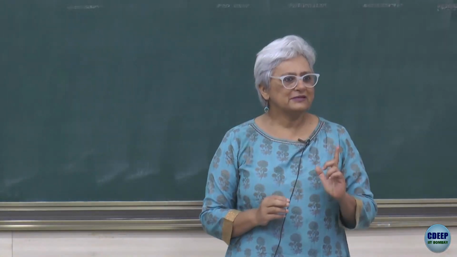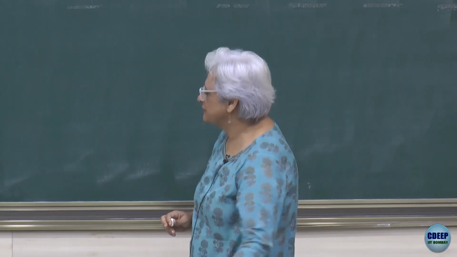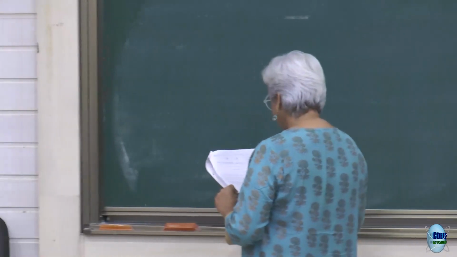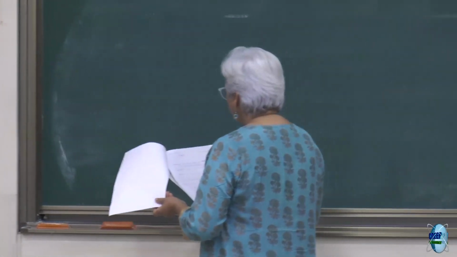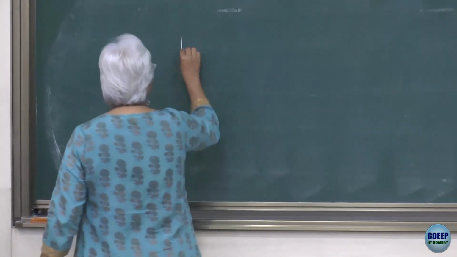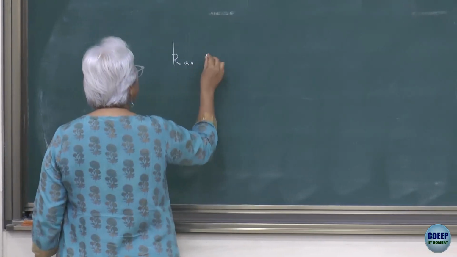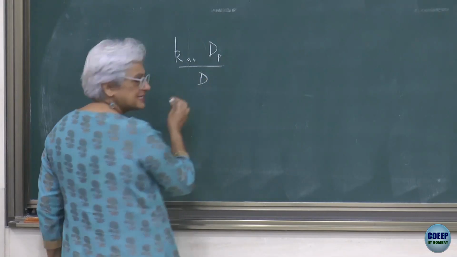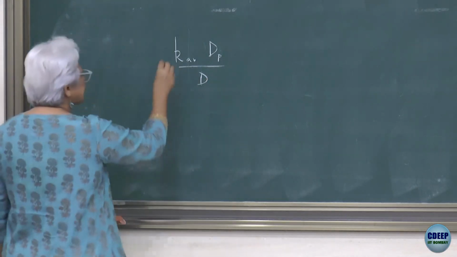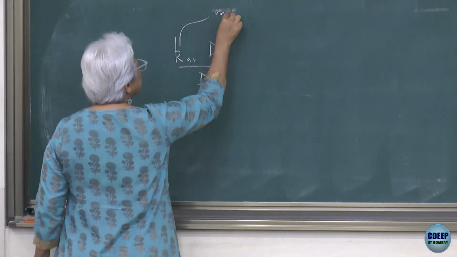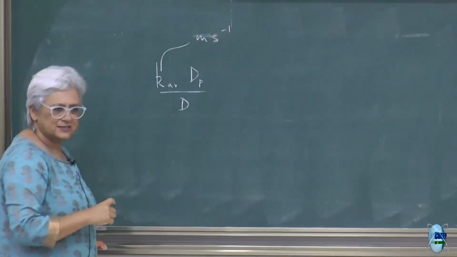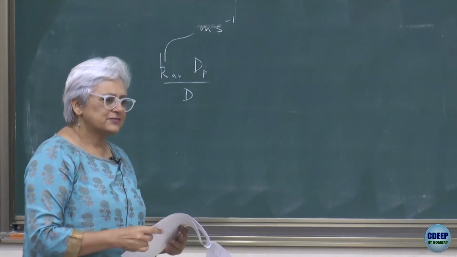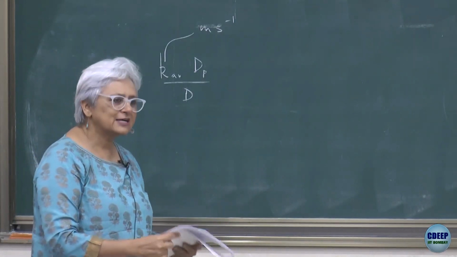But you remember that Kav, we had in the other case as well, we had said that there is something called the Kav dP or Rp by d, right, and said this is something like a transfer rate, meter per second, and you can think of it as a rate of particle transfer.